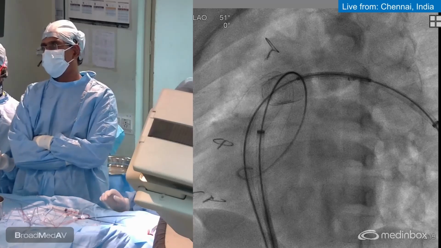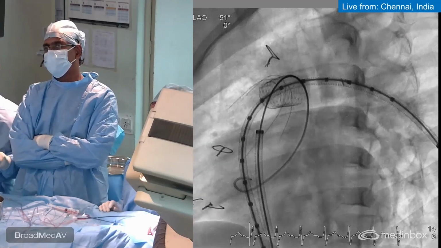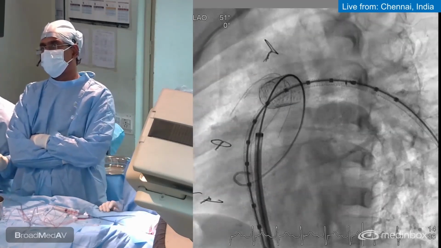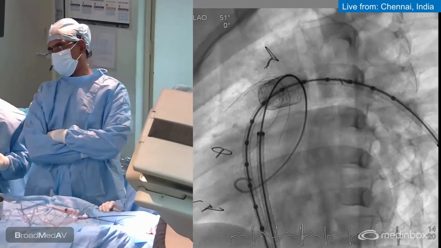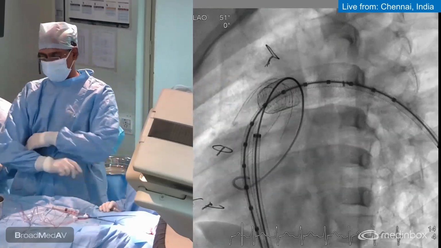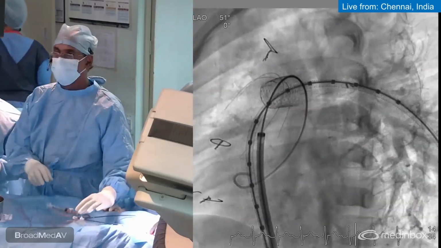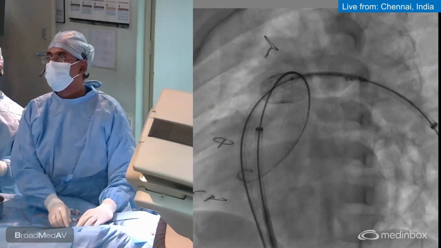I think the clip there was the marker for the distal end. Can we see the angiogram once again? Yeah. The distal clip is roughly the region of the branching, right? Yes, sir. Okay, I agree with you.